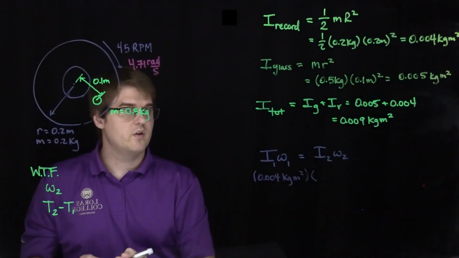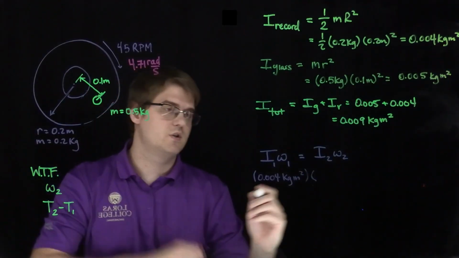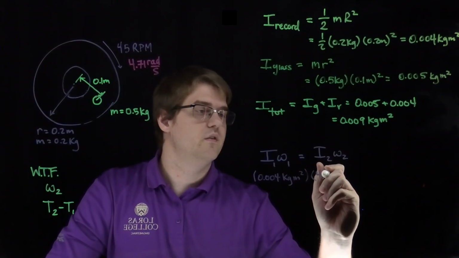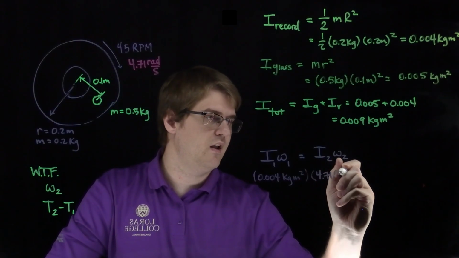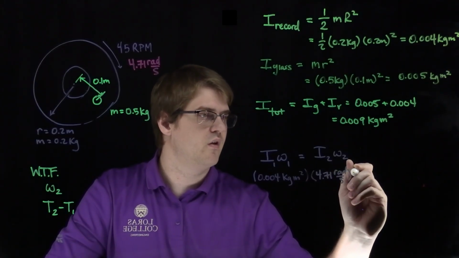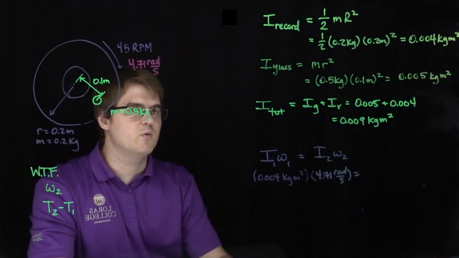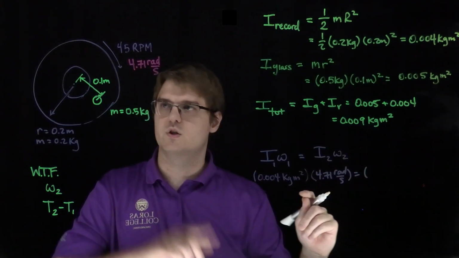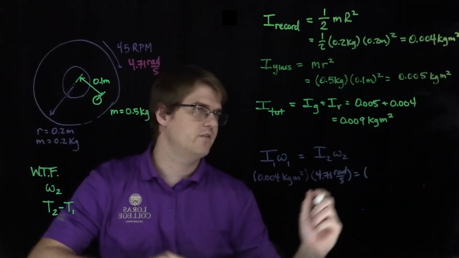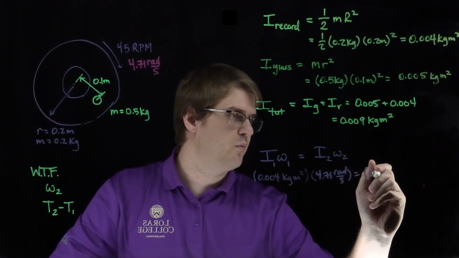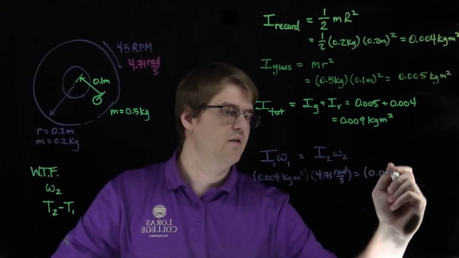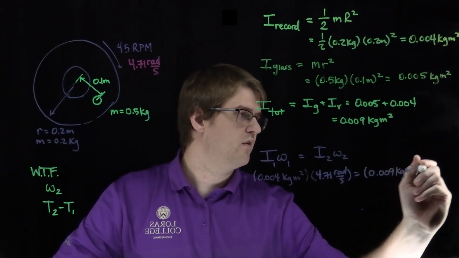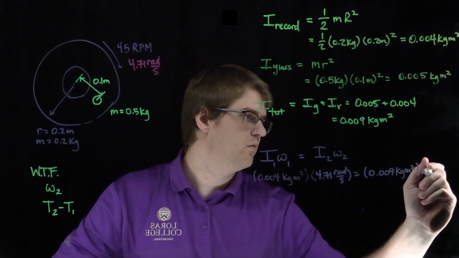My initial omega, we just solved for as 4.71 radians per second. And that is equal to my I2, which is my total, because at time 2 I have the glass sitting on it, 0.009 kilogram meter squared times omega 2.